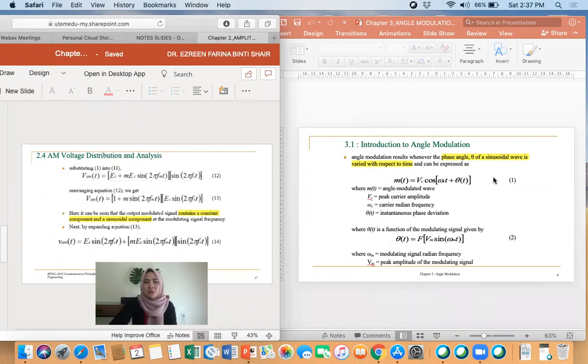If you can see, the difference is basically, for the angle modulation, the amplitude is constant. The amplitude is always equal to Vc.